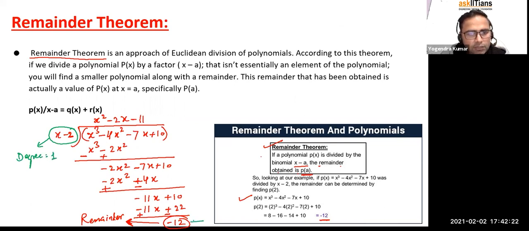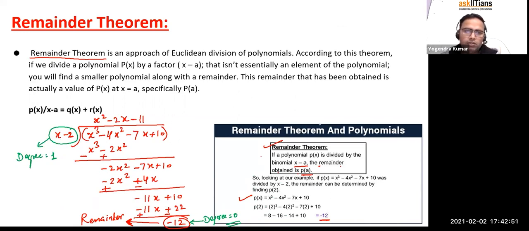And what is the degree of the remainder? 0. You need to remember that the degree of the divisor is always greater than the degree of the remainder, or you can say the degree of the remainder is always less than the degree of the divisor. This is also a really important concept. We will use it later, but as of now you just remember it. These are the few things you need to remember.